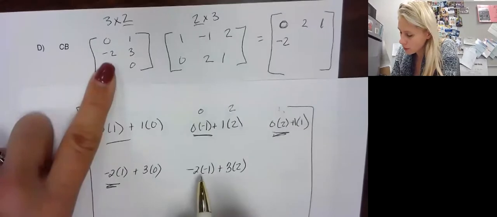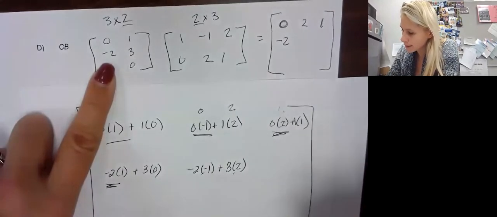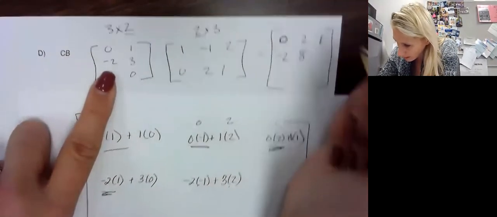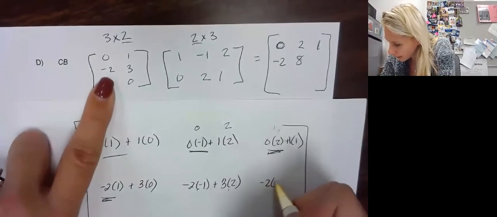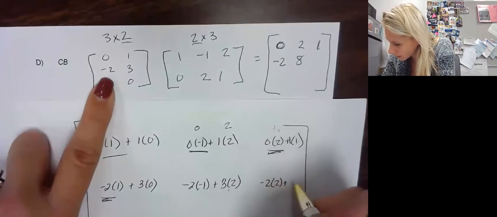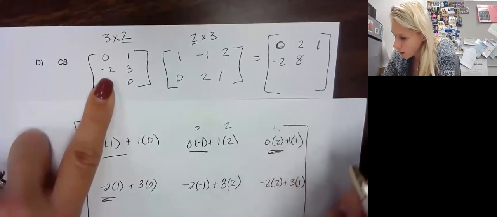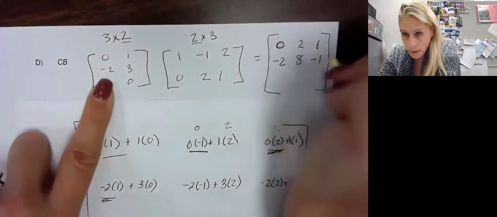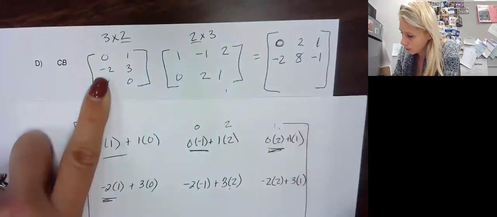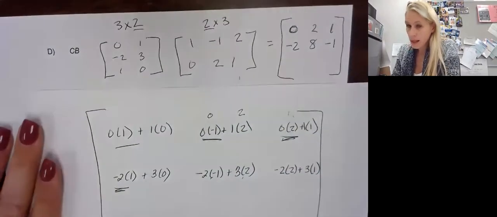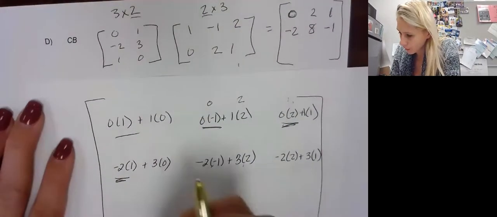That's what? 2 plus 6 is 8. I get negative 2 times 2 plus 3 times 1. Negative 4 and 3 is negative 1. Okay, so row 2, column 3. Last one. Let's see if you got this right.